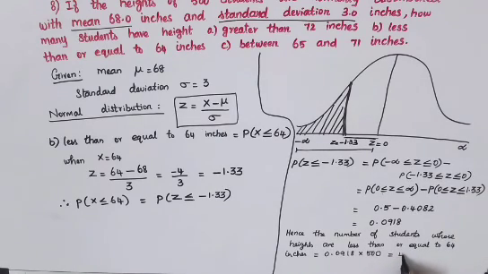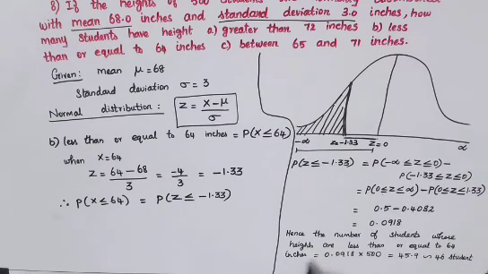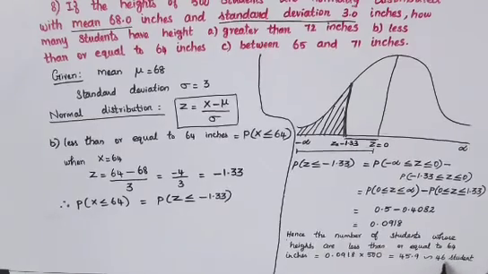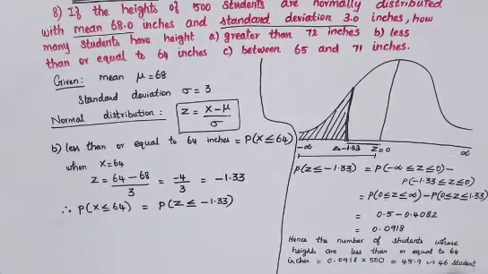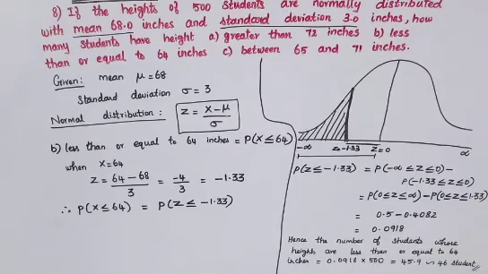Into 500, the answer will be 45.9, otherwise you can write it as approximately 46 students. So in this range, less than or equal to 64 inches, 46 students will be in this range. Okay, so this is the answer for your second subdivision.